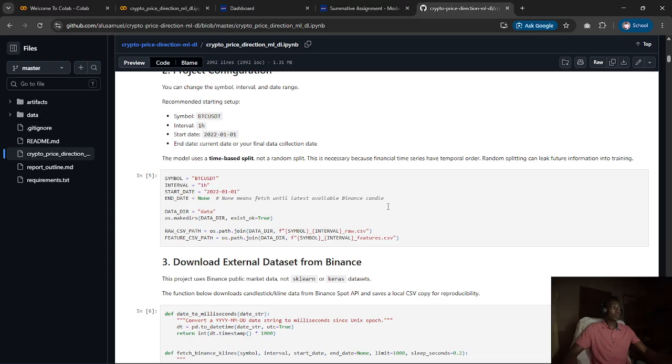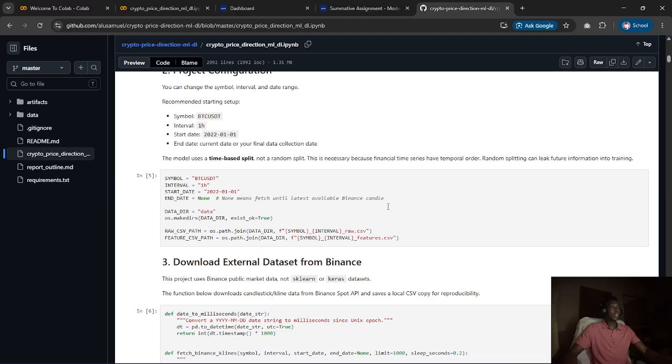For trend information, I calculated simple moving averages for 5, 10, 20, 30, 50, and 100 periods. I also calculated the distance between price and each moving average. For exponential moving averages, I use EMA 12 and EMA 26.